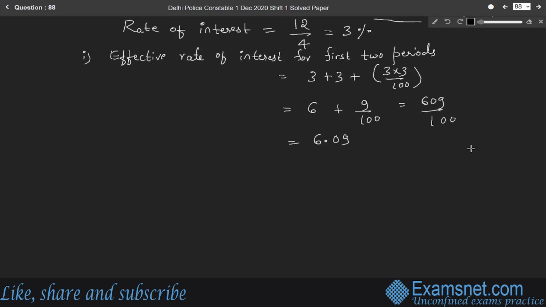So in first 2 periods, effective rate of interest is 6.09%, right?